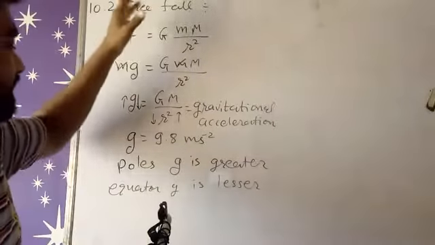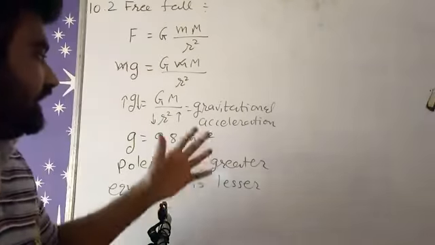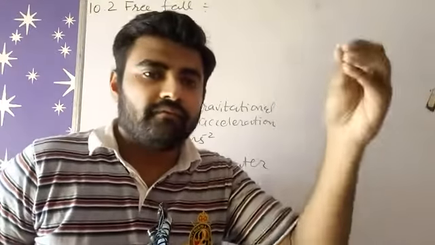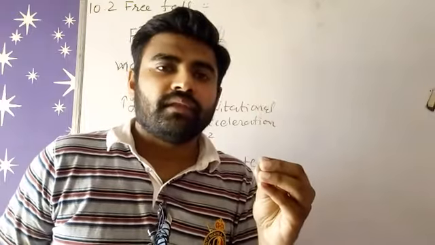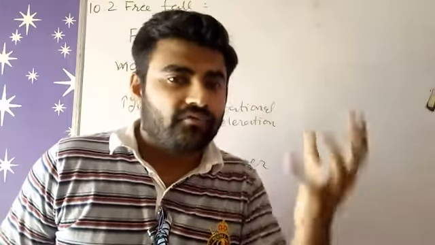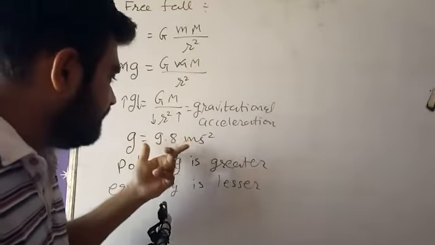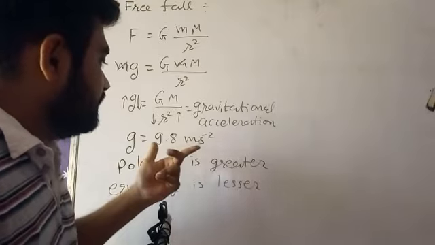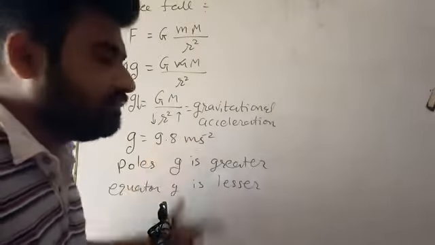So exactly, this is gravitational acceleration. If we let any object free fall, what happens? Continuously that object's velocity increases in the downward direction. Why? Because g is constant. So whenever acceleration is constant, the velocity is increased by this value.